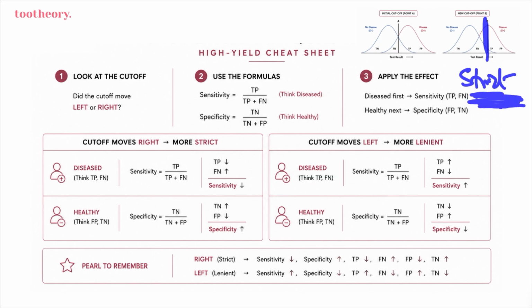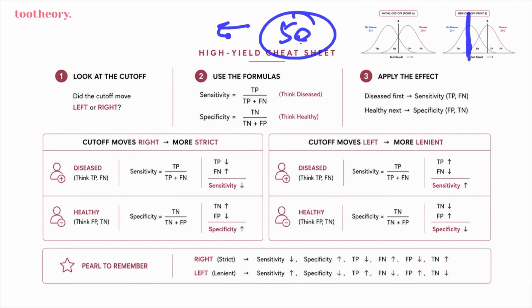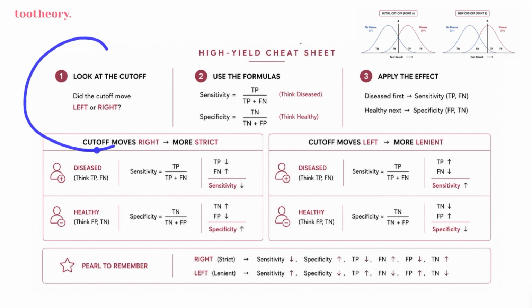That means I have moved my passing marks from 50 to 70 right here. And the opposite is true for the left. If the cutoff moves here, that means I have become more lenient. Maybe I have reduced my passing threshold from 50 to 40. And that is essentially what you need to look at: has it moved left or right?